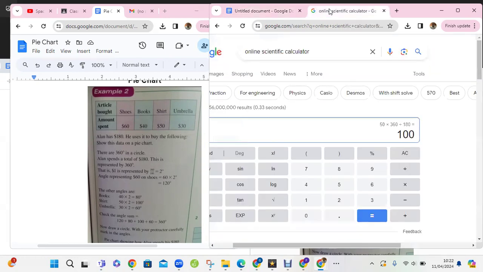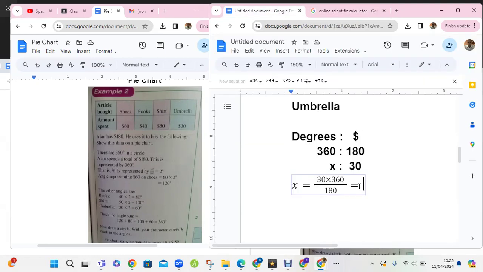Use our online calculator or your manual calculator, and you multiply 360 times 30 divided by 180. And that's how they get 60 degrees for umbrella. And if you add up all these degrees, you must get 360 in all.